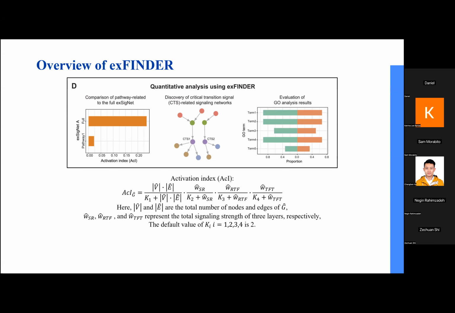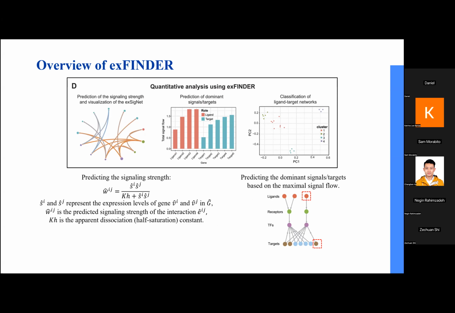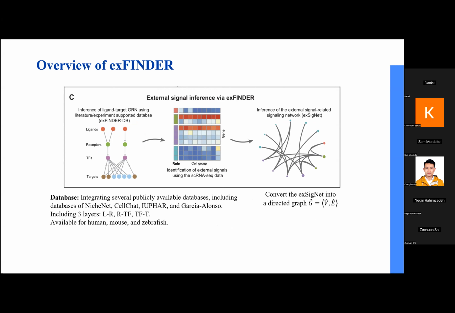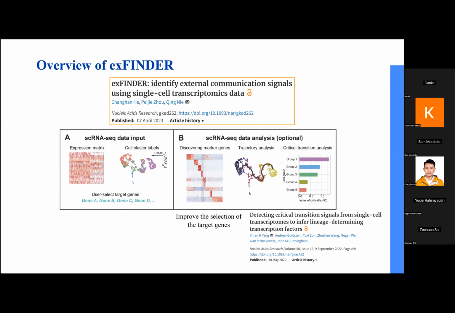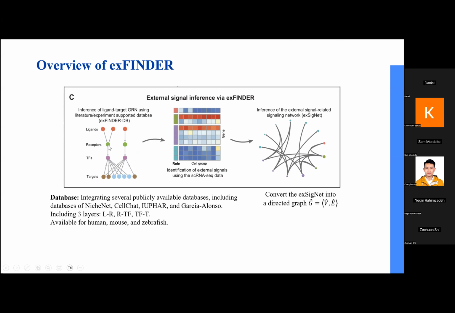That's a great point. Currently, the network resolution is based on cluster to cluster. That's why the input we need is cell cluster labels. For example, we have this very simple network as an example. The target is maybe in cluster 3, and the ligand comes from somewhere else, and the receptor and TF come from cluster 2.